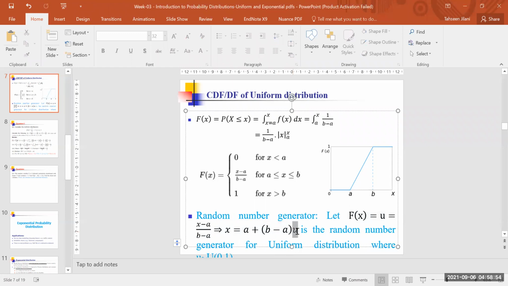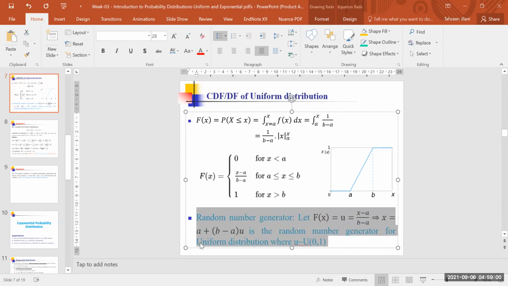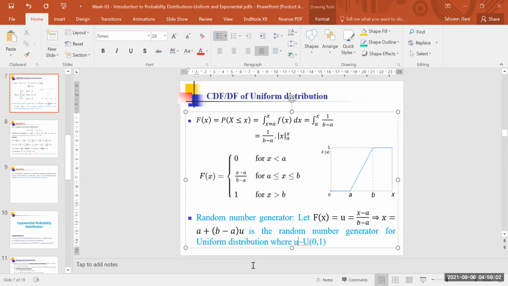What is U? U is the standard uniform distribution. This is the notation for representing uniform distribution: U follows uniform distribution where the lower limit A equals 0 and upper limit B equals 1. So we have uniform random numbers from the standard uniform distribution.